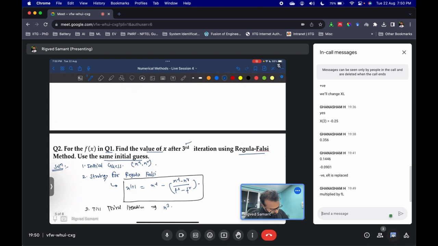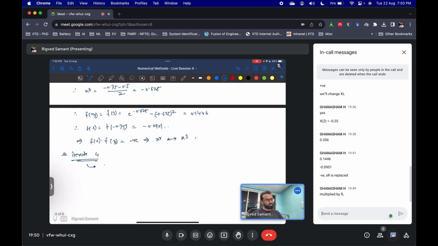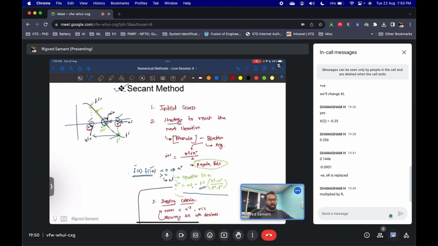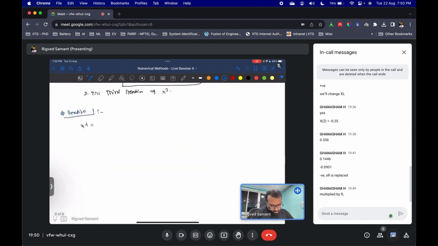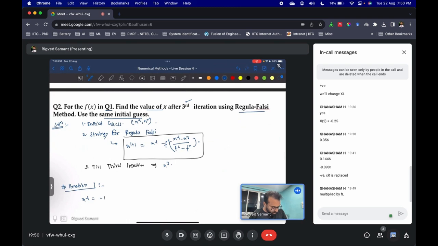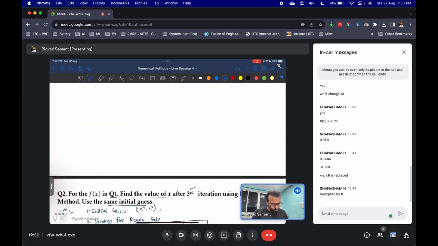Oh yes, here multiplied by FL. I must have written it, yes. Thank you for correcting me. The XL values are the same, that is minus 1, and XR is 0, right? Just confirm, XL is minus 1, XR is 0.